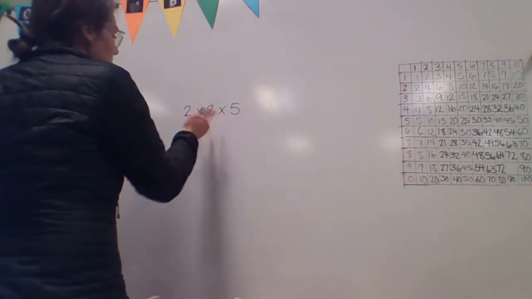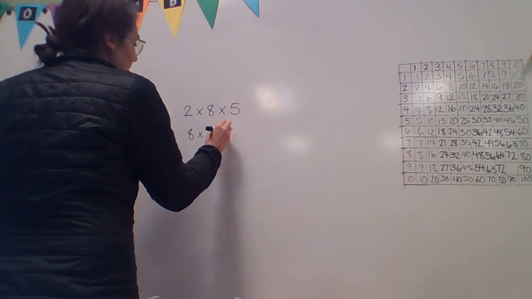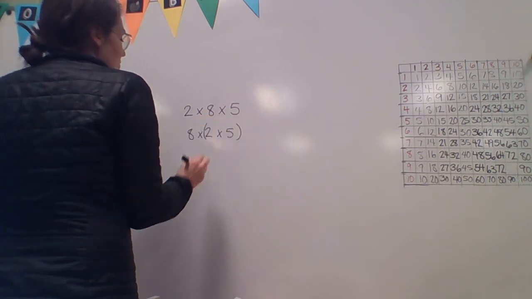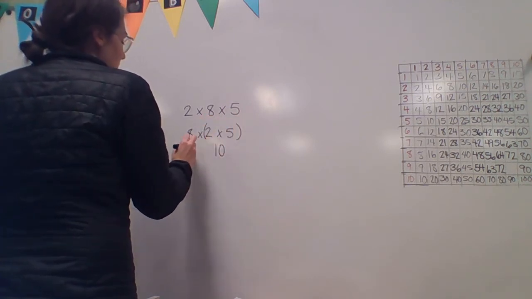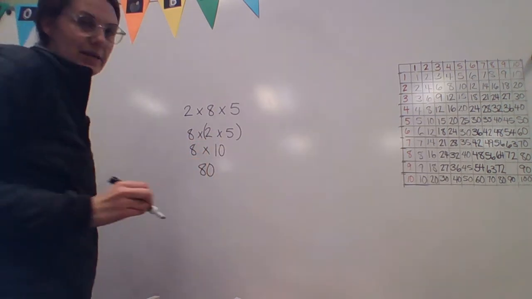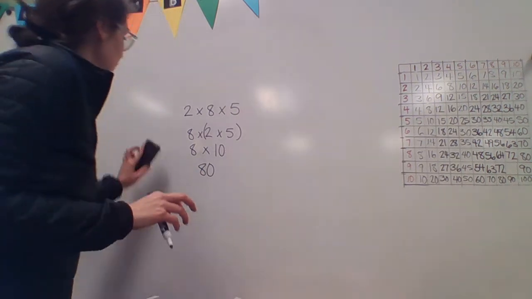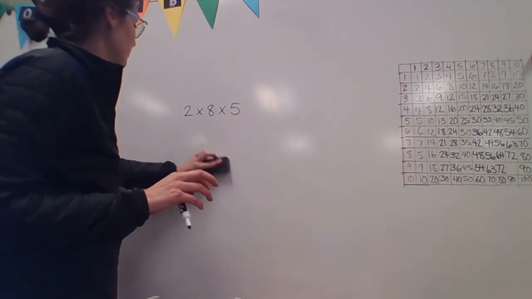So I could flip these around and say now I'm going to have 8 times 2 times 5, and then I'm going to group these. Now I have 8 times 10. 8 times 10 would make 80. Now I know I did that fast, so I'm going to slow it down.